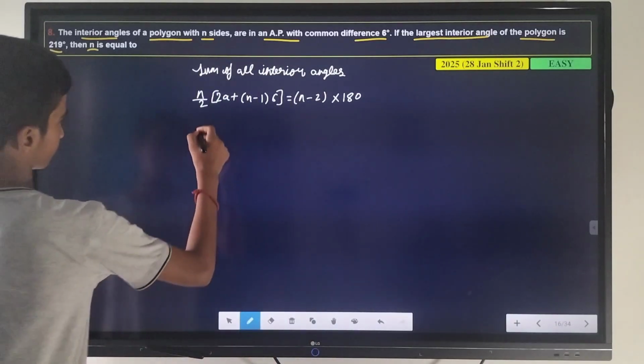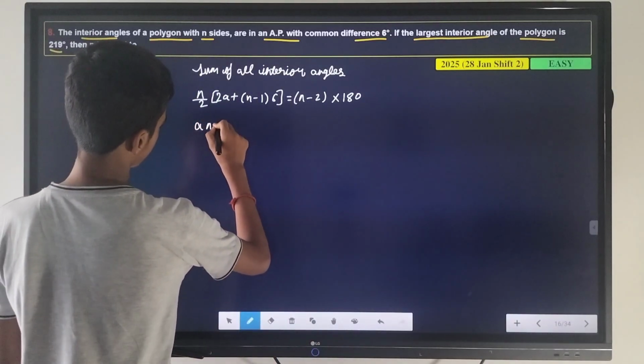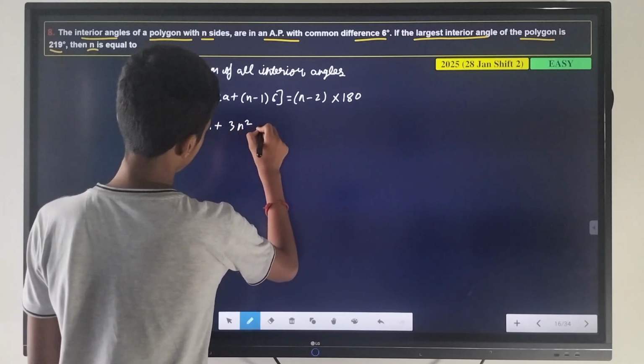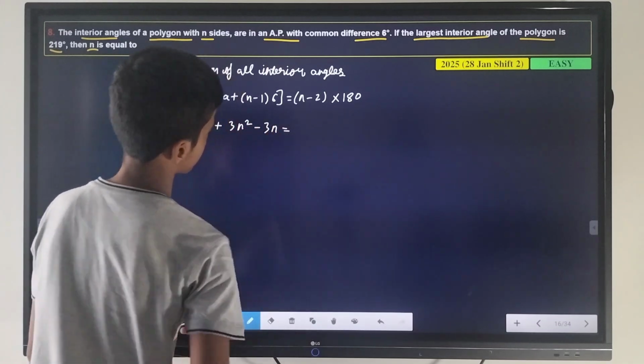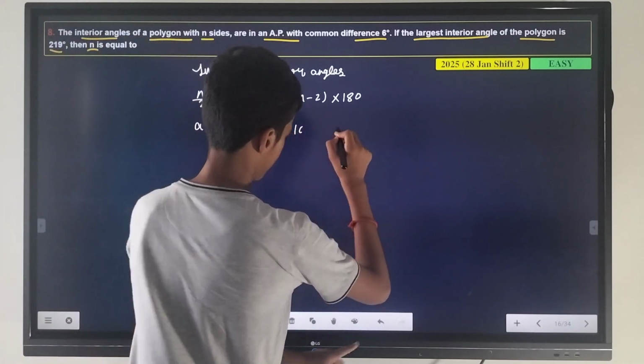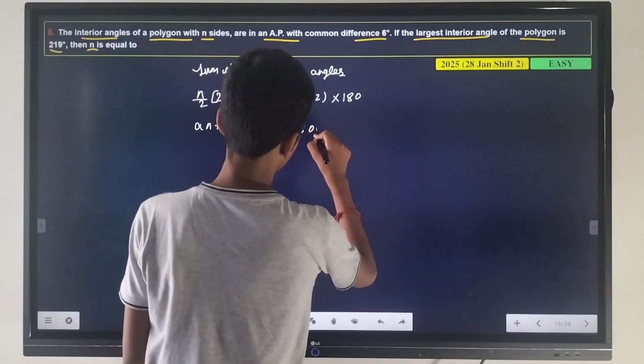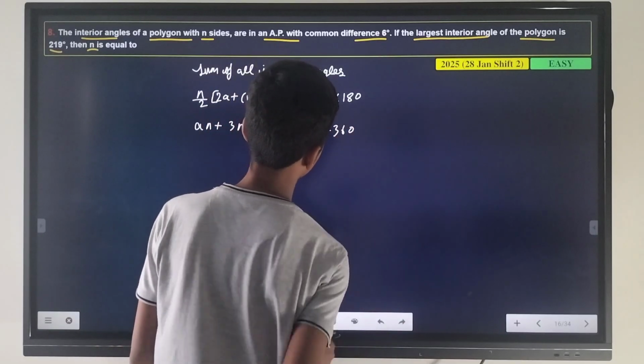So let's equate. We will get an plus 3n square minus 3n is equal to 180n minus 360.